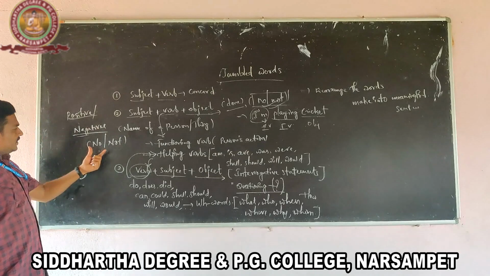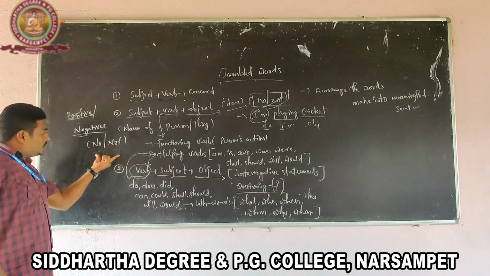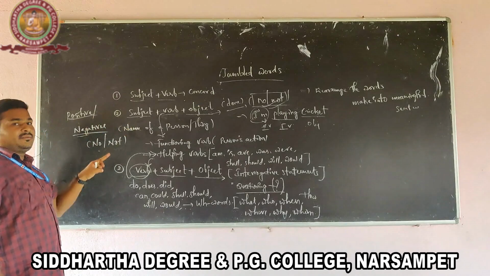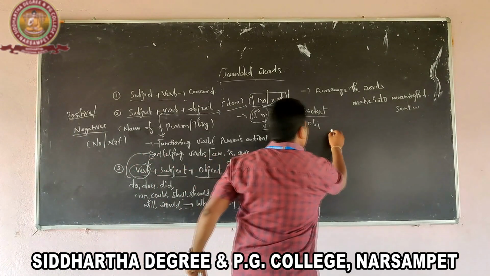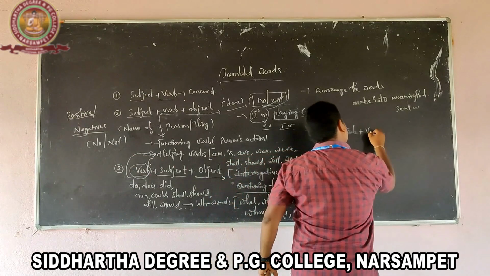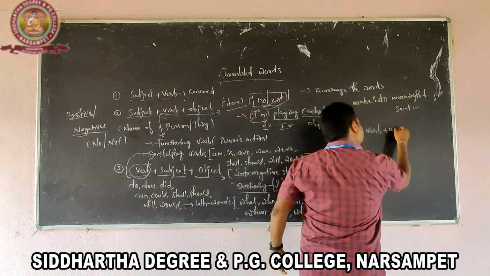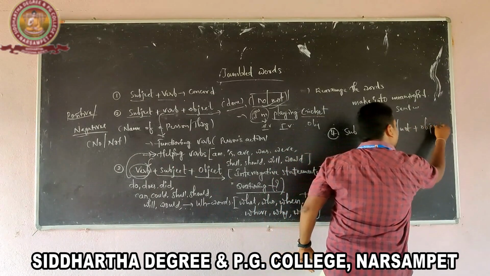Got it, guys, all of you? So in case in the given sentences there is no or not, that is called a negative statement. The negative statement structure is very simple: subject place, verb place, no or not place, object.